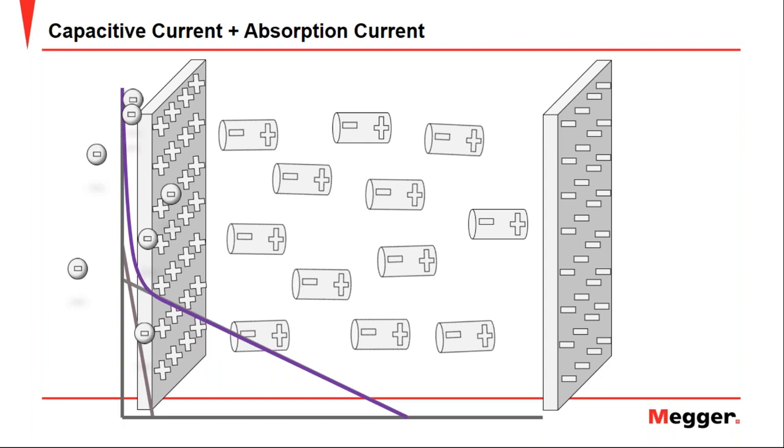Taking into account that the total current is the sum of the four that we saw previously, when adding the capacitive and the absorption current, we have a result like the one shown in the animation, where the high initial value of both currents is evident, and also how they discharge over time. They both have a very high value, and over time, they are discharged to ground.